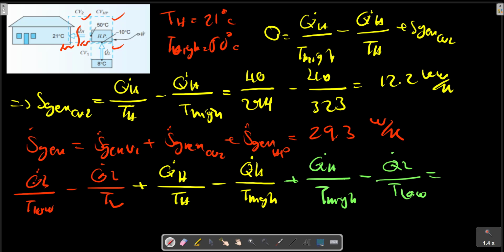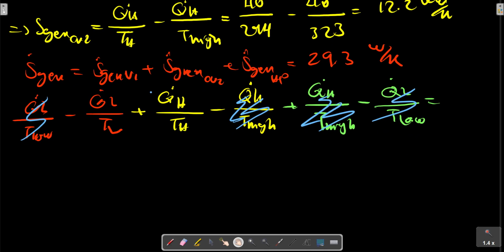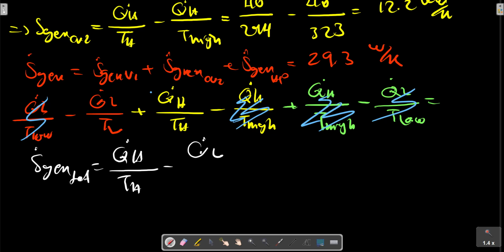With simplicity, we have the total entropy generation as Q dot H on TH minus Q dot L on TL.